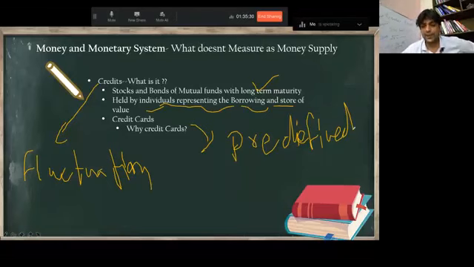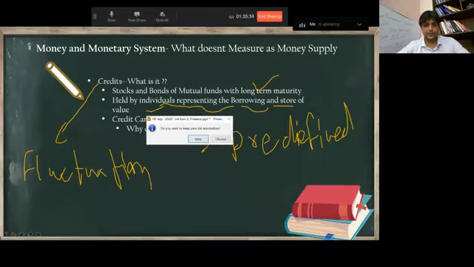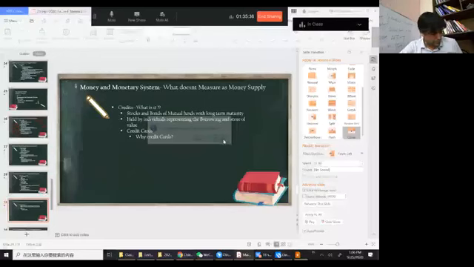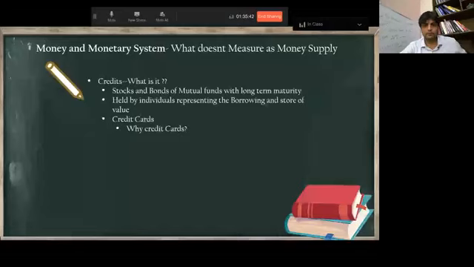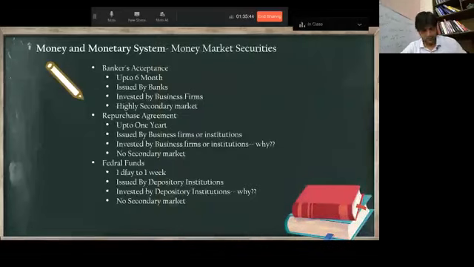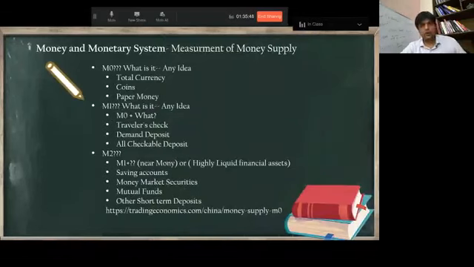Now let's see. So this is the main phenomenon of money supply. Okay, now you are well aware of where the currency comes from, what we are having.